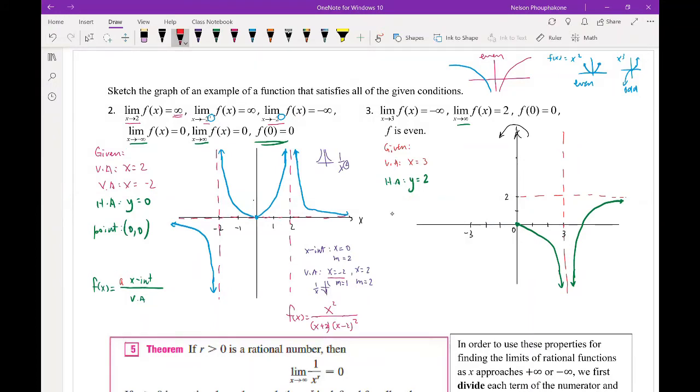So I will have a vertical asymptote at x equal to negative 3, and also my horizontal asymptote is y equal to 2. And this is actually like this one. That's it. So this is the idea of how we sketch the graph from the conditions.